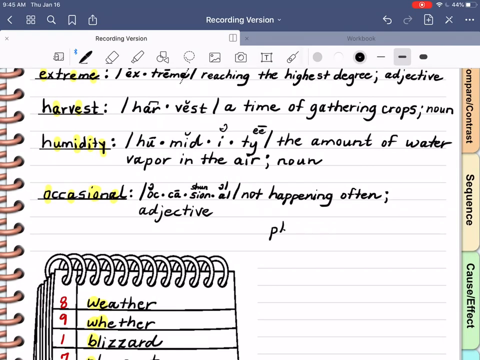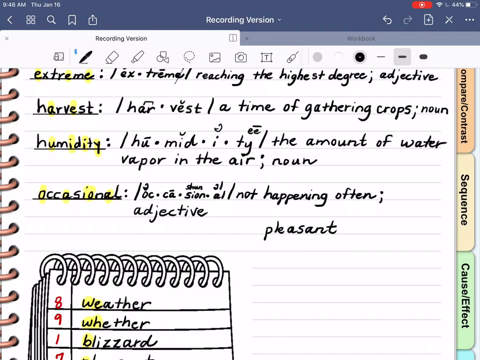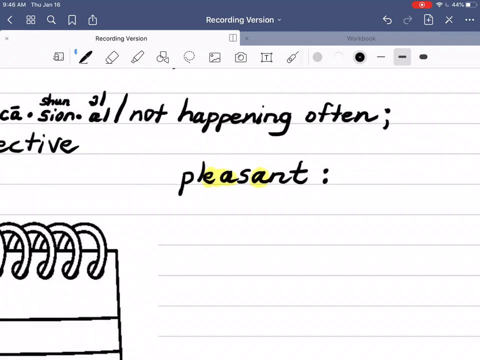The next word is pleasant. Pleasant. And this one, let's mark vowels. We have two vowels together, so they'll count as one. They're working as one. And then we have that second A, so this is a two-syllable word.